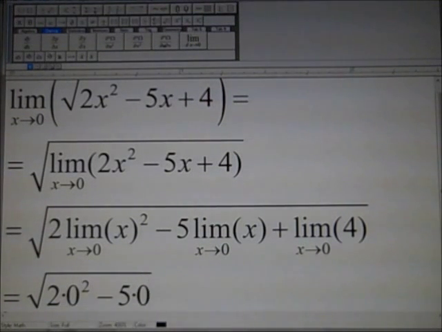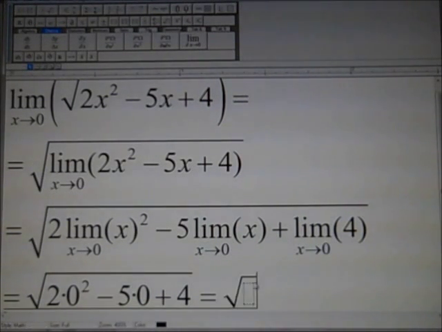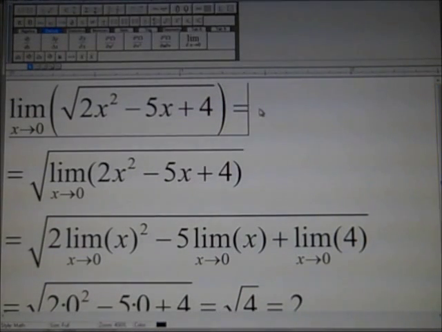And then lastly, the limit as x approaches 0 of 4. 4 is just a constant, so it's just going to be that constant. Last step, this is going to be 2 times 0 is 0, minus 0 plus 4. And what is the square root of 4? That's 2. So the limit of my original function is just going to be 2.